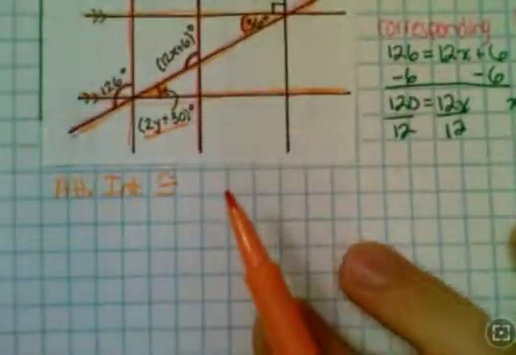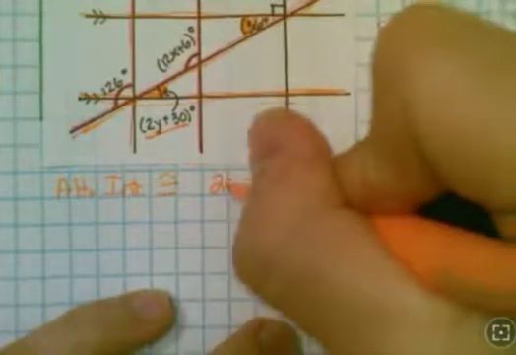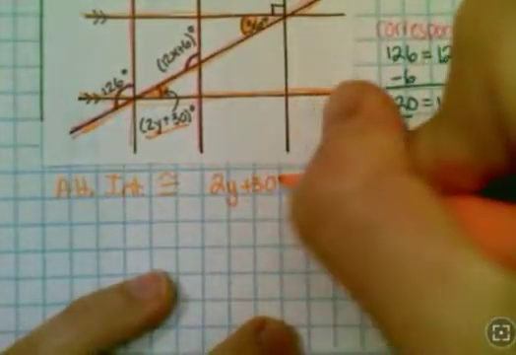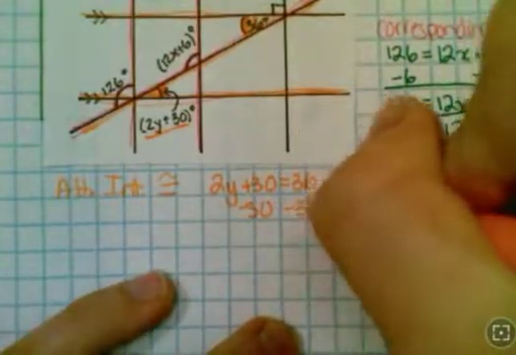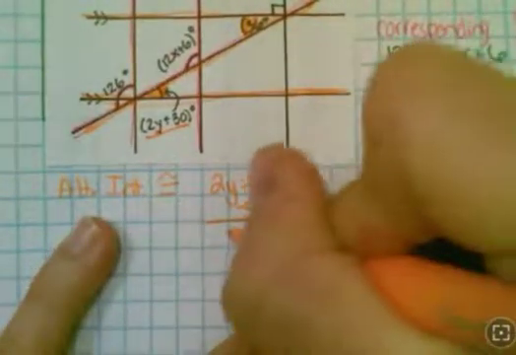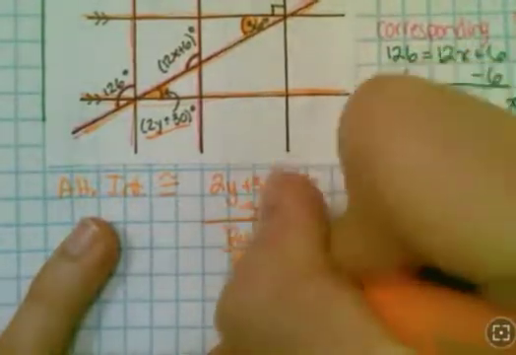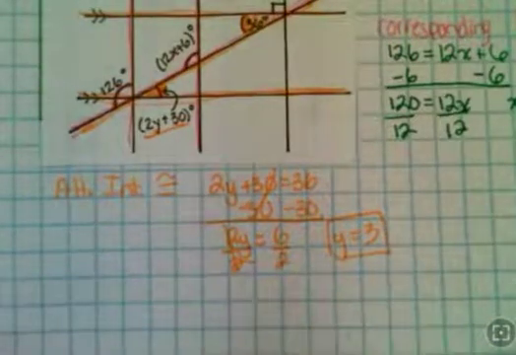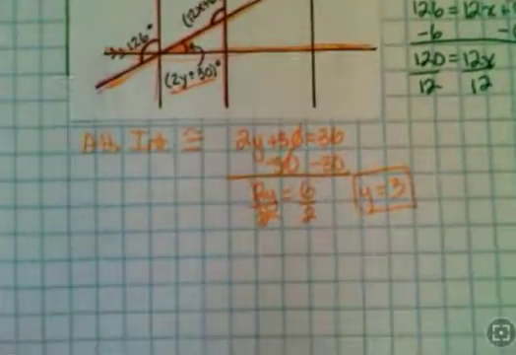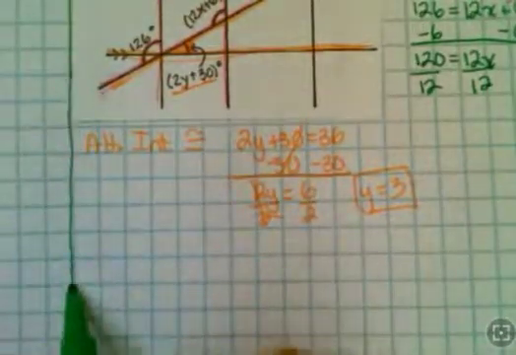Go ahead and set up that equation and solve, and then look up here when you're done. So if you got y equals 3, you are a superstar.